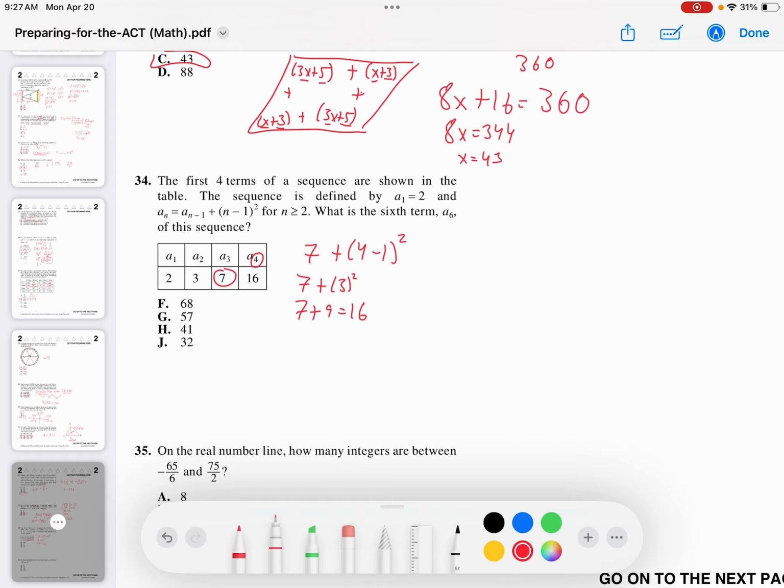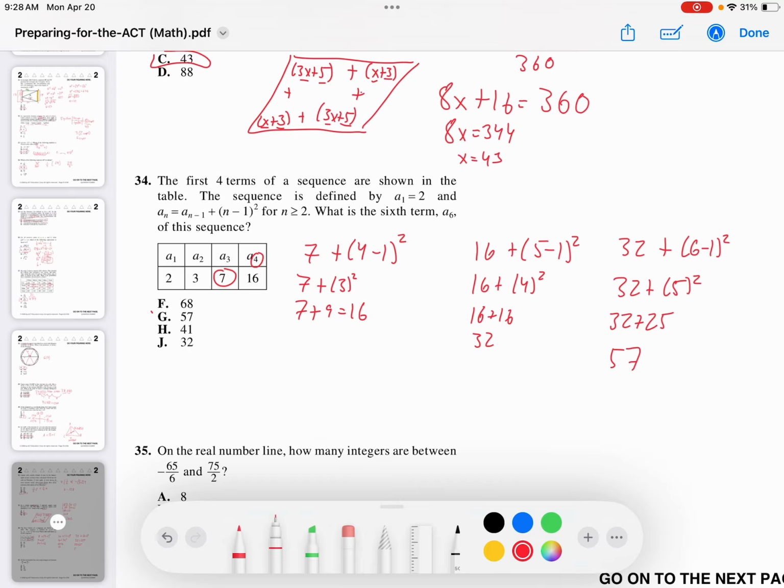So then to get the next one, we would take 16 plus 5 minus 1 squared. 16 plus 4 squared would be 32, because 16 plus 16 is 32. So then we take that 32 plus 6 minus 1 squared. 32 plus 5 squared would be 32 plus 25, which would be 57. So it should be G.